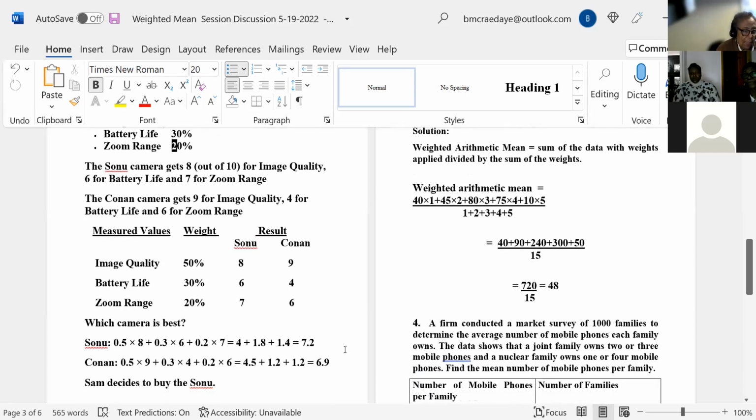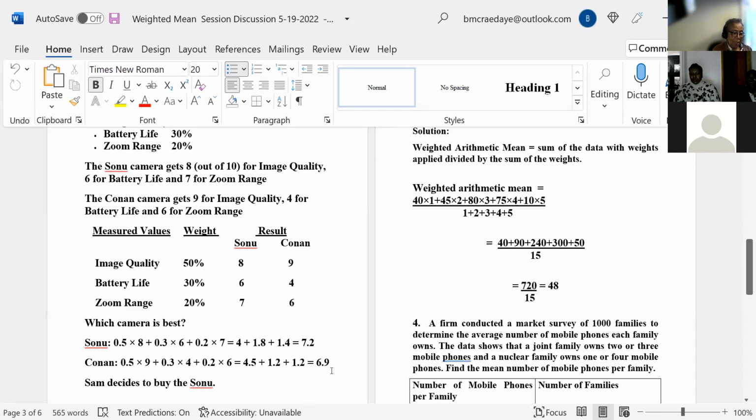For the Canon camera, notice it has different results: 9 for the image quality, 4 for the battery life, 6 for the zoom range. So we take 0.5 times 9, plus 0.3 times 4, plus 0.2 times 6. That adds up to 6.9.